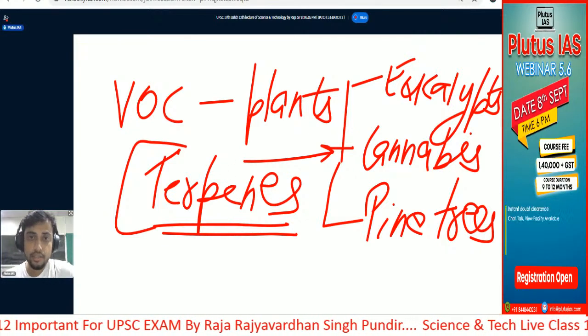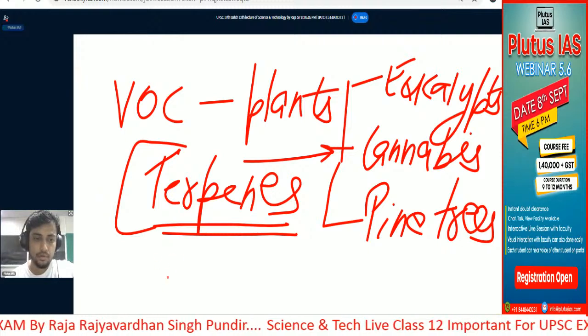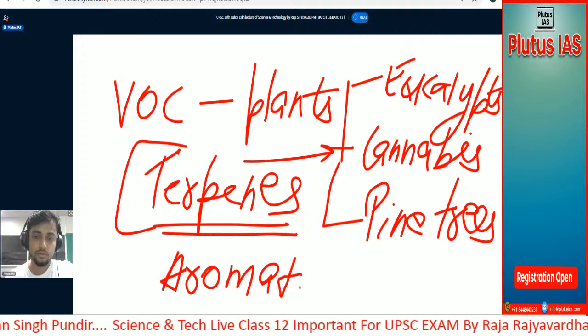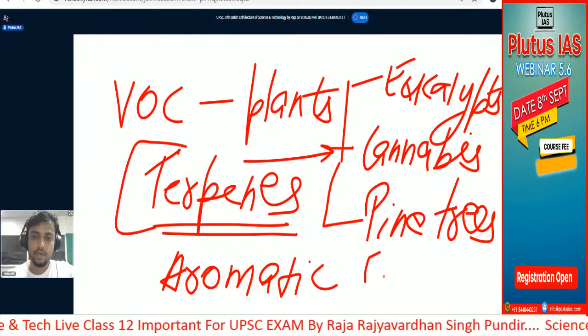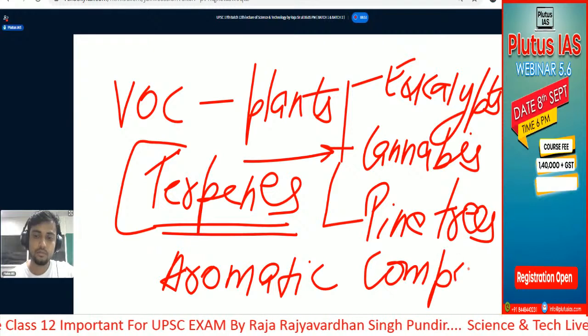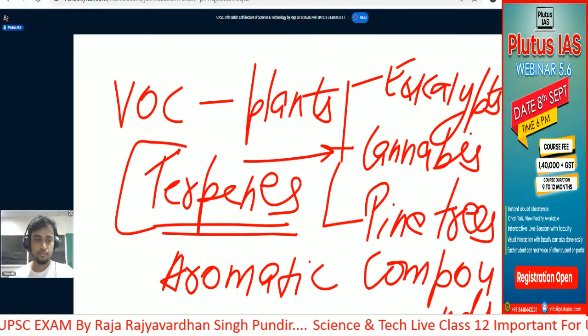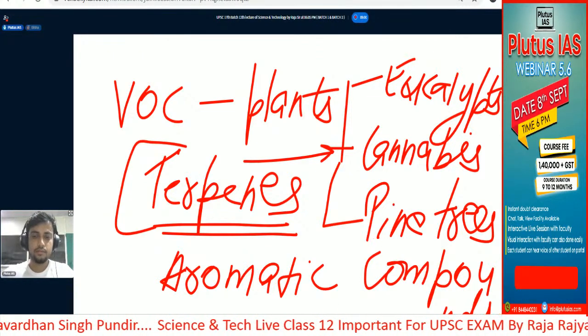And what are these terpenes? Can anyone tell me? These are aromatic compounds. Now, who will tell what aromatic compounds are? What are these aromatic compounds? Yes, Subhojit.